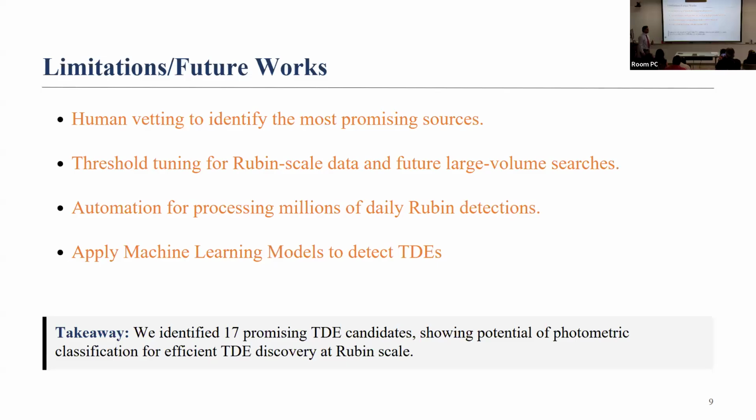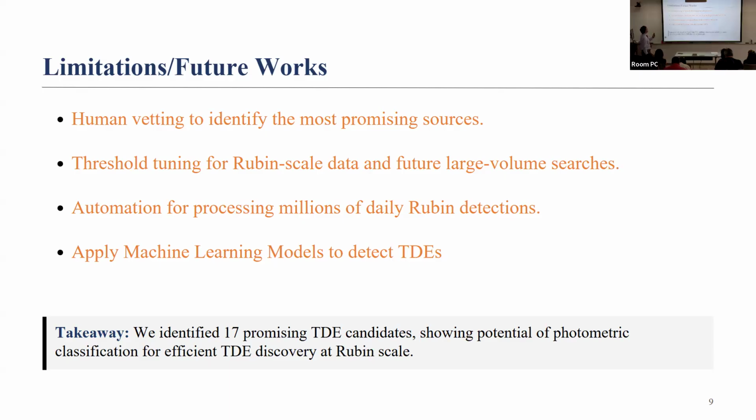What are the limitations or the future work in our summer research project? As you can see, you need human vetting, or you have to analyze it visually whether the curve fit is good enough or not. So human vetting is needed to identify the most promising candidates.